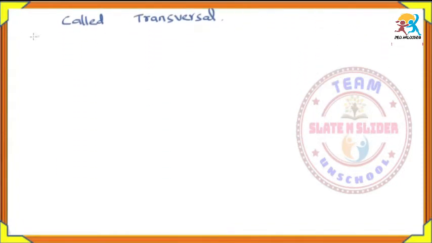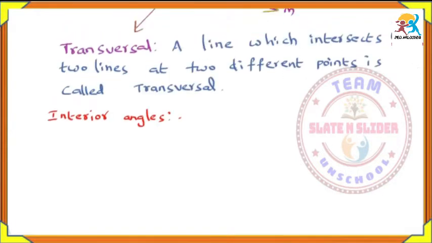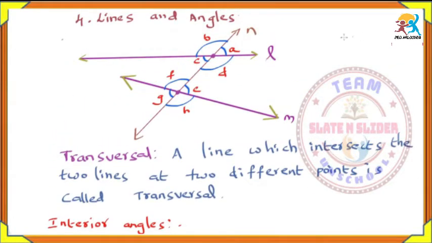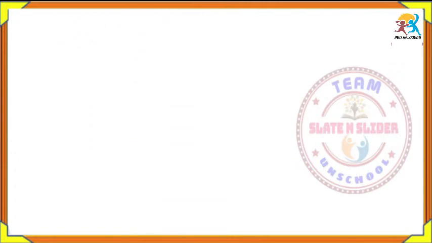First, let us discuss the interior angles. Interior, in the name itself, means that the angle should be inside the two lines. Here the two lines are L and M. So the angles which are inside these two lines are angle C, angle D, angle E and angle F. So we will denote these as interior angles.